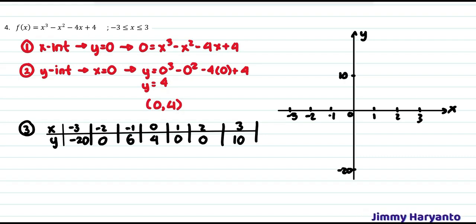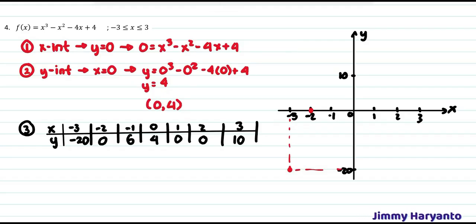Okay, so (-3, -20) will be right here, and then (-2, 0). Because this one is at the x-intercept, that means this is one of the x-intercepts. So when you calculate this later, you will get (-2, 0).